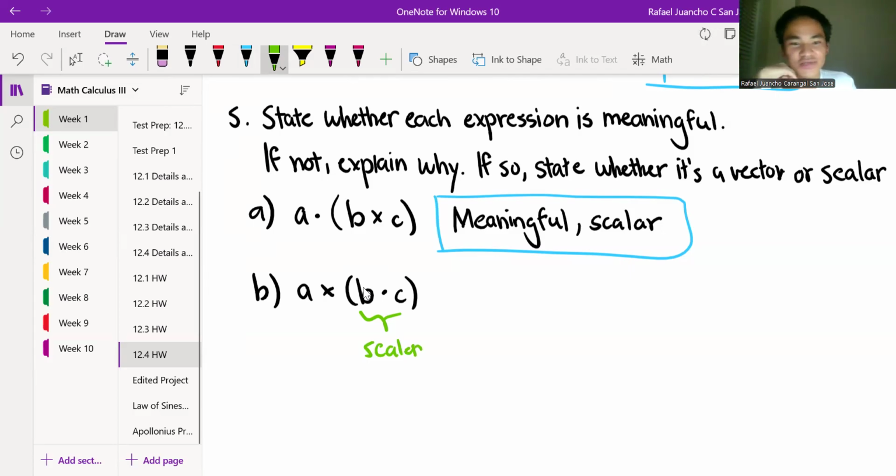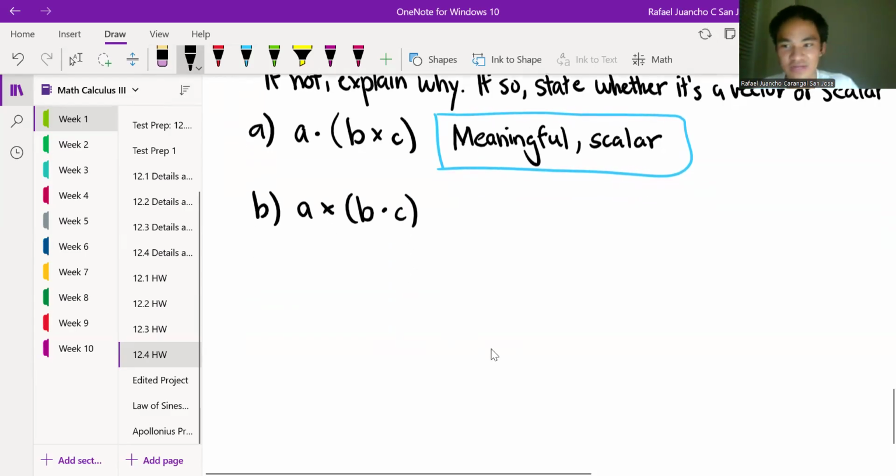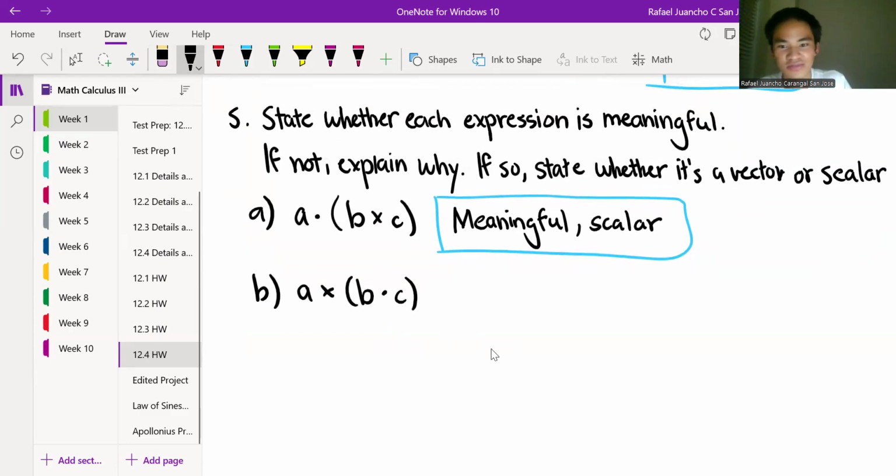Now, can we get the cross product of a vector A and a scalar? No, we cannot. Why? Because cross products are only for 3D vectors, with x, y, z. You cannot get the cross product of a number and a vector. So this is meaningless.